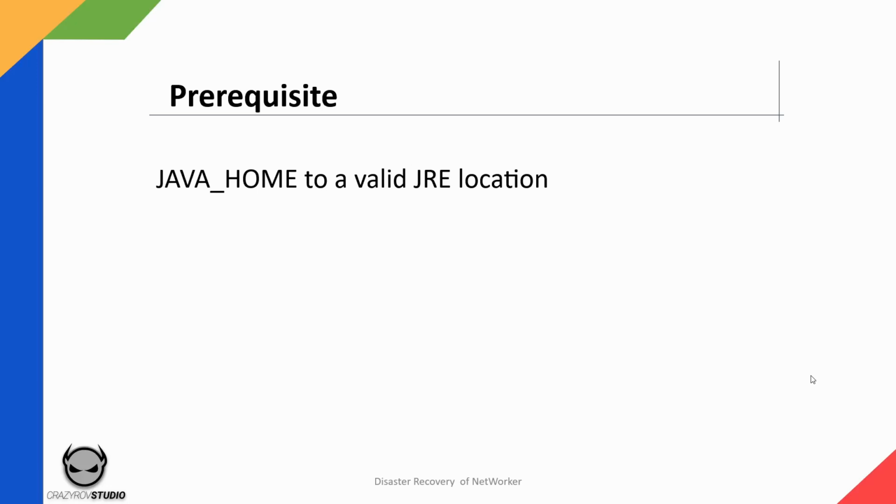If in case you have JRE installed, that is well and good, but I would recommend you to always install the NetWorker runtime environment on any of your systems that are running the NMC server role or the NetWorker server role, so that you have these correct versions of JREs installed on them.